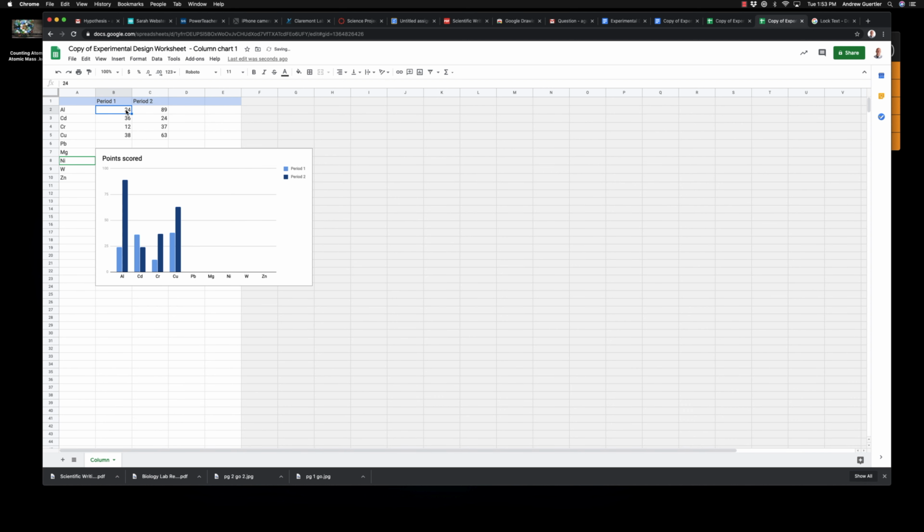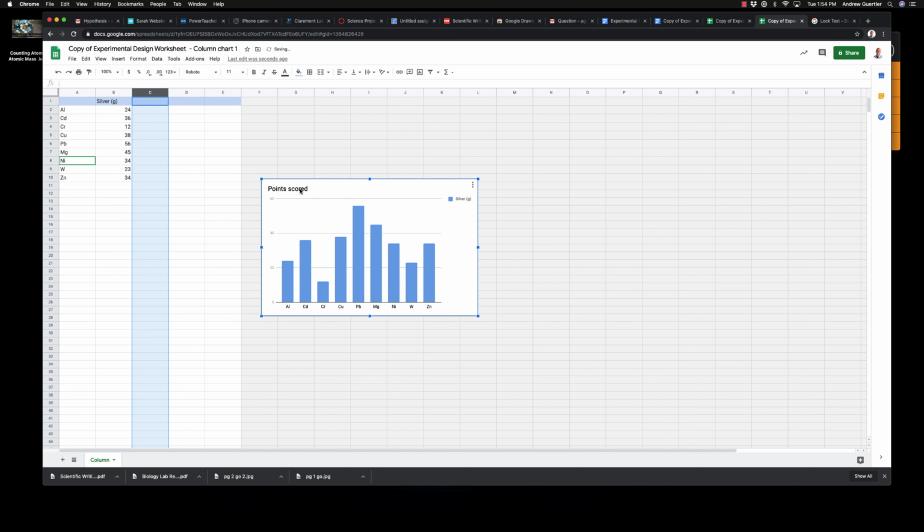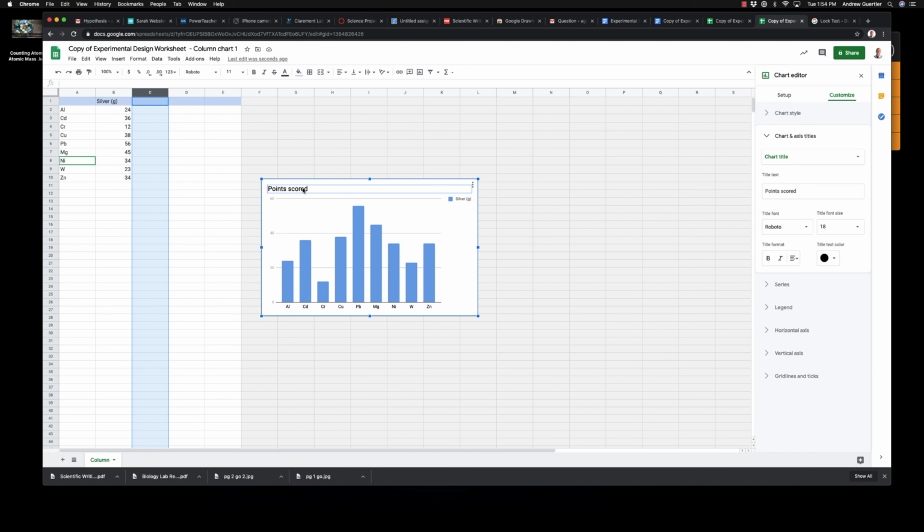And we'll stick with the masses that are here. Now I'm just going to put some random numbers. Silver in grams. We don't have another dependent variable, so this can go away. We always want to have a nice title.